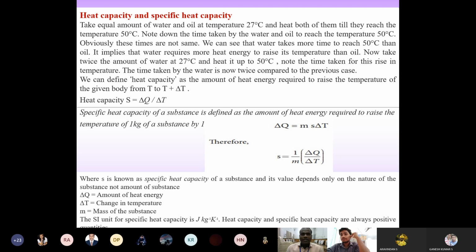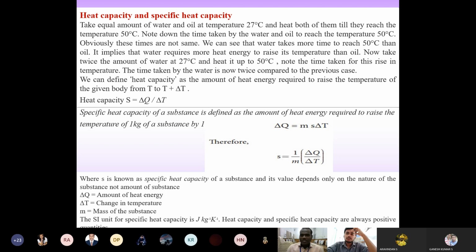Let me see. Note down the time taken by the water and oil to reach 50 degrees Celsius. If you see the time taken, obviously these times are not the same. We can see that water takes more time to reach 50 degrees Celsius.